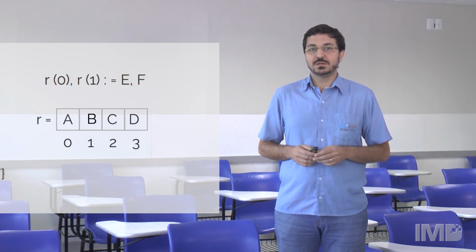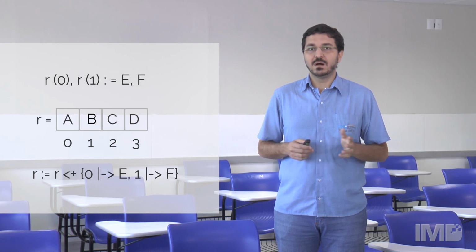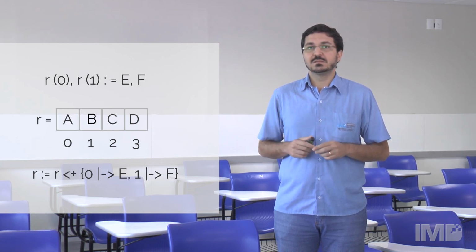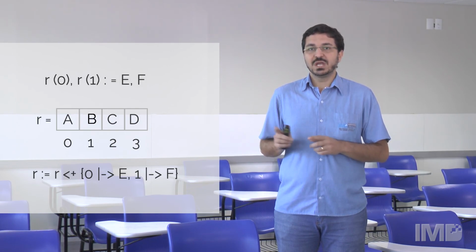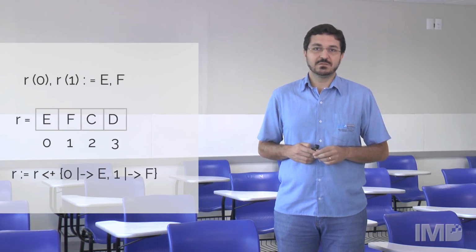We can, however, make this assignment here. We assign to R the relational overriding of R using the set 0 mapped to E and 1 mapped to F. And as a consequence, we change in the array the values A and B for E and F respectively.